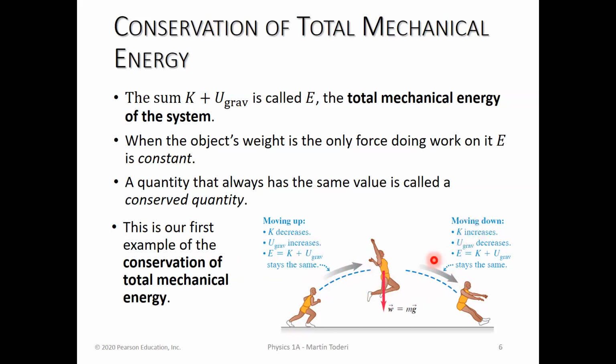And when it moves down, K increases because we know that the person will be accelerated by gravity, and the speed will increase. The velocity vector will point somewhat in this direction, and we will get an increase in kinetic energy, and the gravitational potential energy will decrease because it's going down.